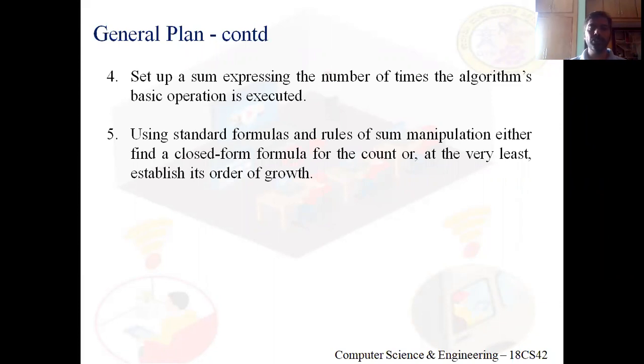Once you have the exact basic operation count, you need to think about what type of function it belongs to, whether it's logarithmic, linear, n log n, quadratic, cubic, exponential, or factorial. Then you can represent that in terms of efficiency class, or more precisely, an order of growth.